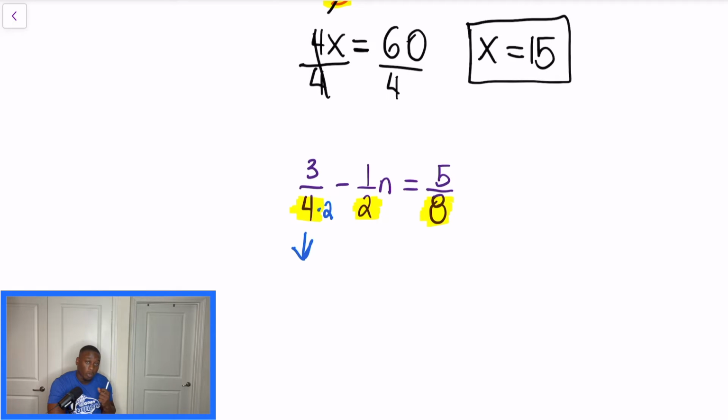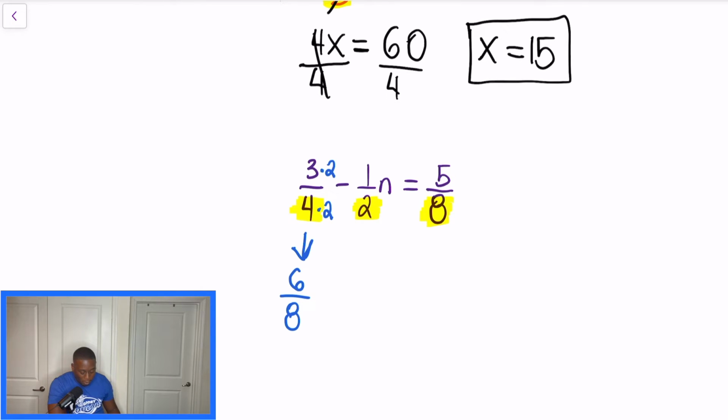And remember, when we're changing the denominator, or making equivalent fractions, we have to multiply both the top and bottom by the same number. So since I'm multiplying the denominator by 2, I'm going to multiply my numerator by 2 as well. So 3 over 4 turns into 6 over 8.